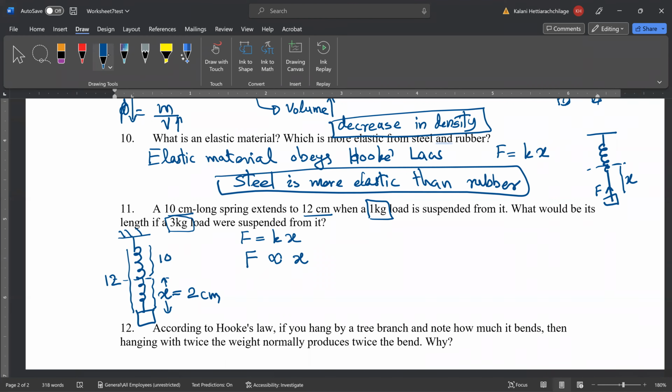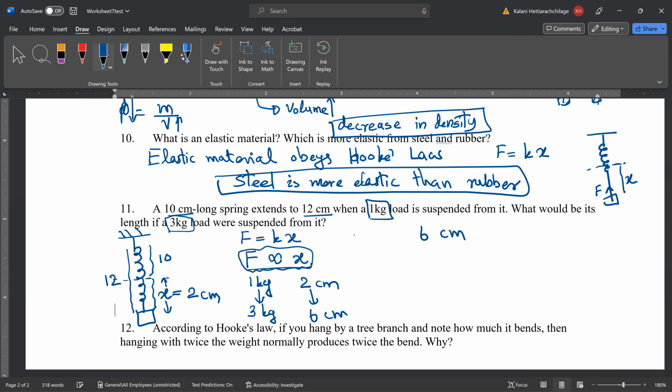What that means, if I apply 1 kilogram, it displaces 2 centimeters. Now, if I do 3 kilograms, that means 3 times the 1 kilogram. That means this will displace 6 centimeters because force is proportional to the displacement. What that means, after I add 3 kilograms, my spring is going to extend 6 centimeters.